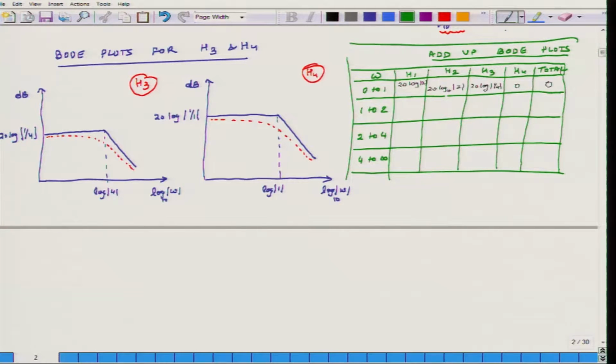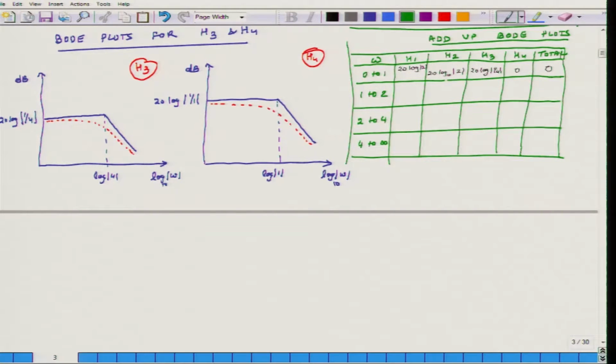So, what we will do is we will now construct the overall Bode plot, with the vertical axis in decibels. First we will mark down different points.